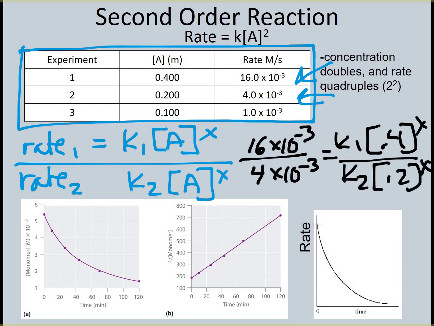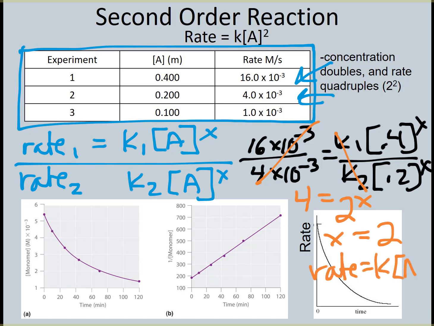So when I look at this, 16 divided by 4 will go to 4, and that's equal to 0.4 divided by 0.2, so that would be 2 to the x. To solve this, x would have to equal 2. And I would write my rate law. Rate is equal to k, and then A raised to the second power, or what I have written right there. But that's how you would find it.